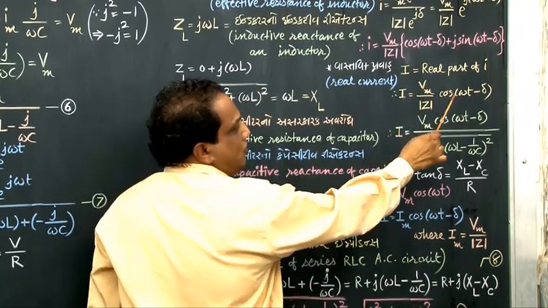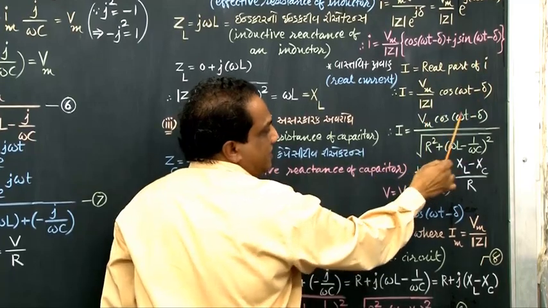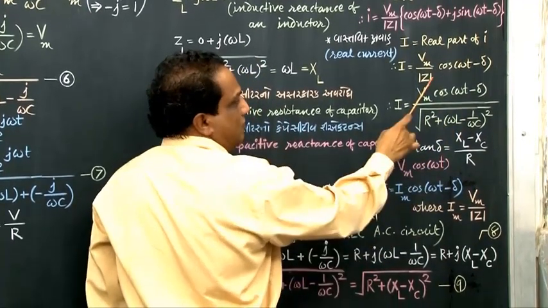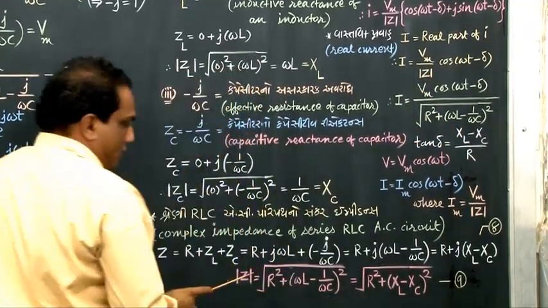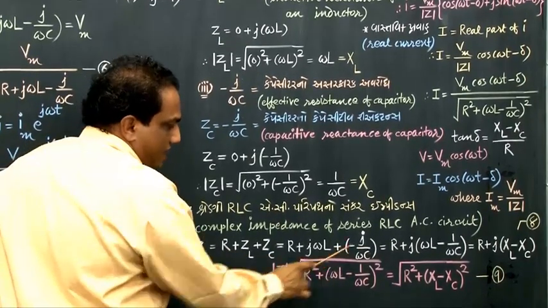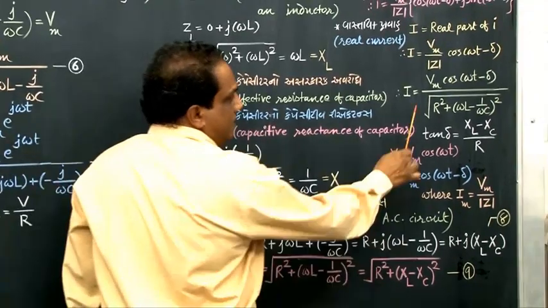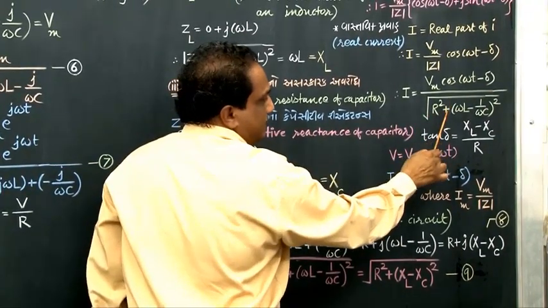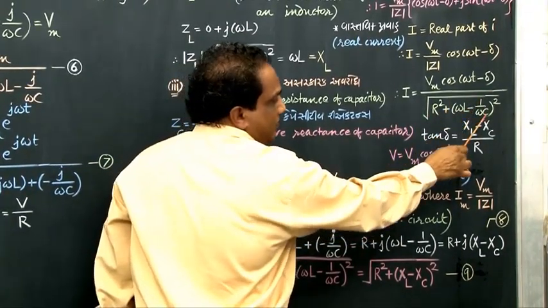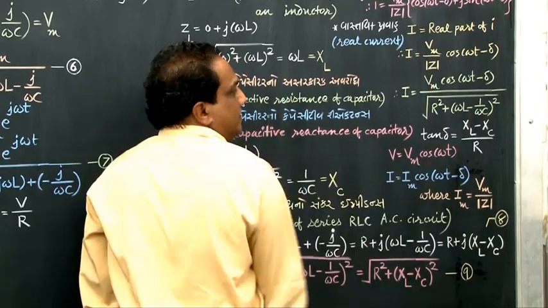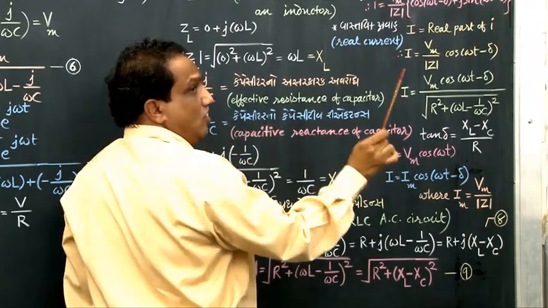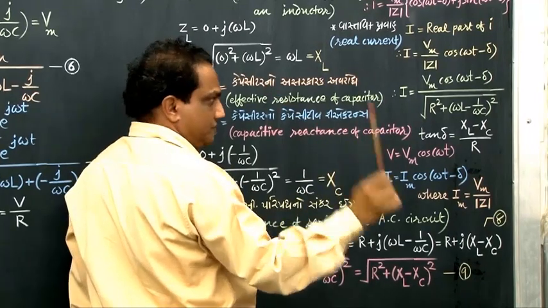And now mod z formula is under root of R square plus omega L minus 1 upon omega C whole square. This is the required formula of real current.